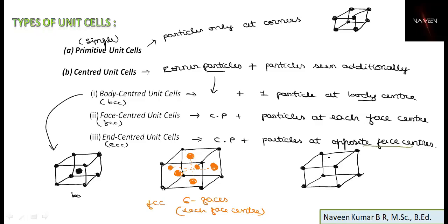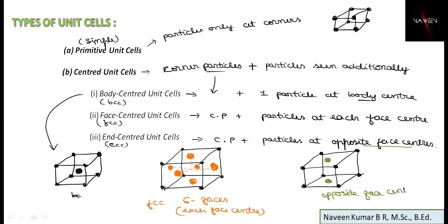Now try to assume any two opposite faces. Now I will take this one, above and below. Now between this above face and below face, at the center of each face of this opposite face, we are going to see the particle. It is opposite face center.